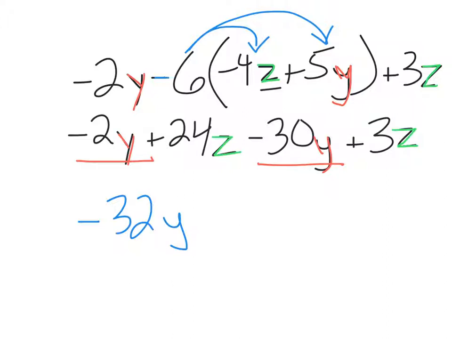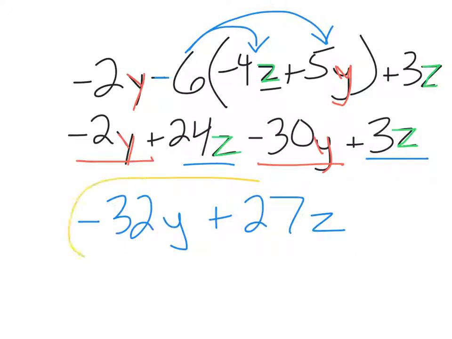Now I can put together the z's, so that would be positive 24z plus positive 3z, so a positive plus a positive is a positive, which is plus 27z. And I cannot simplify that any further because y's and z's cannot be put together. Again, they're considered unlike terms, so this is our final answer for that.